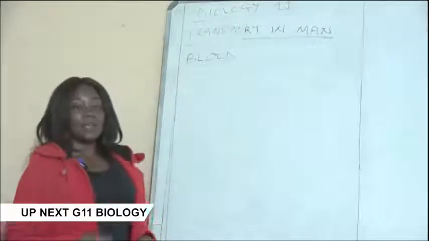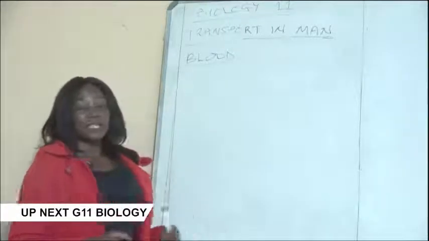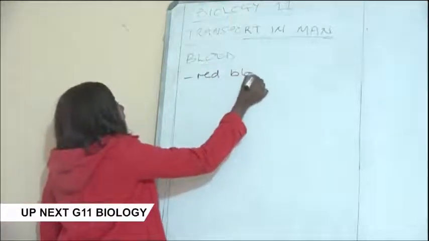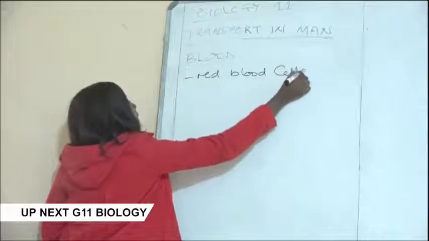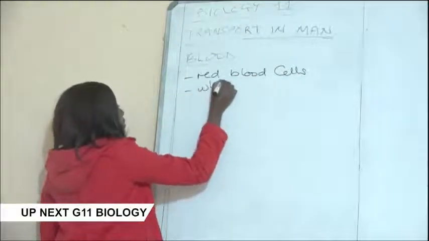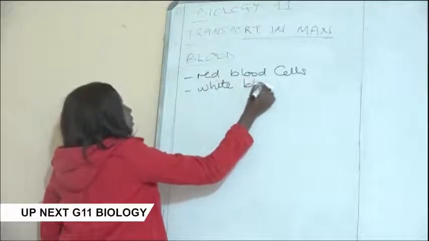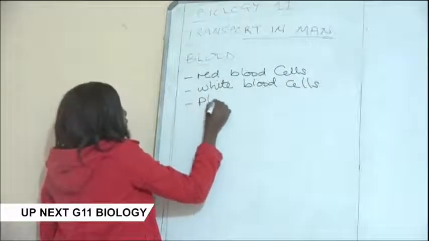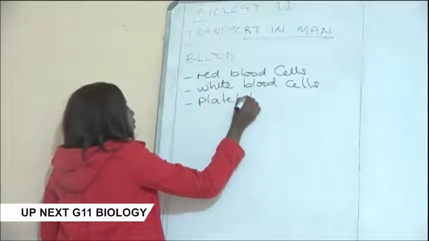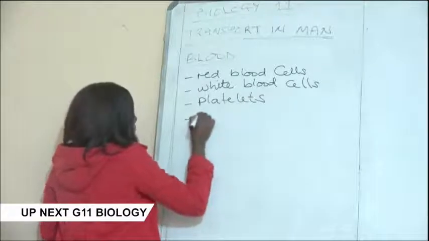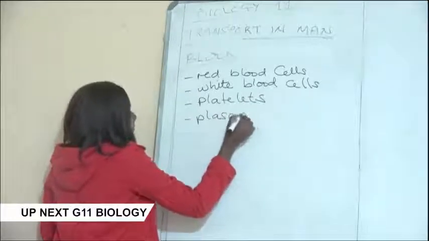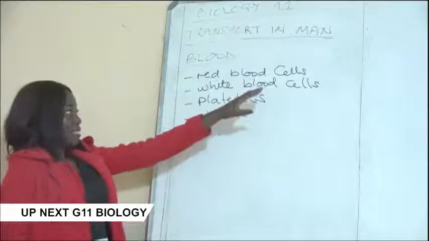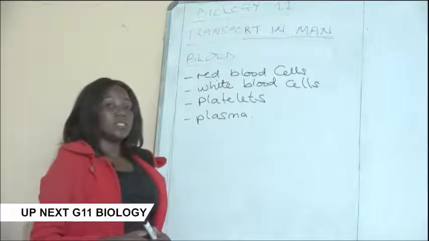We said blood is a fluid tissue that contains red blood cells, white blood cells, platelets, and plasma. Okay. So from where we ended last time, we already started looking at red blood cells and white blood cells, and we even distinguished them.